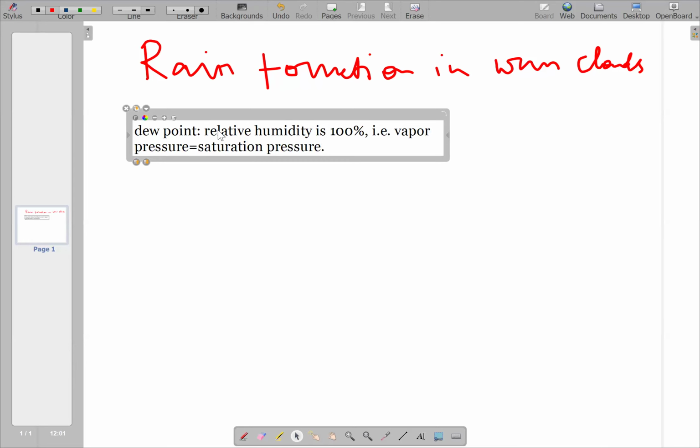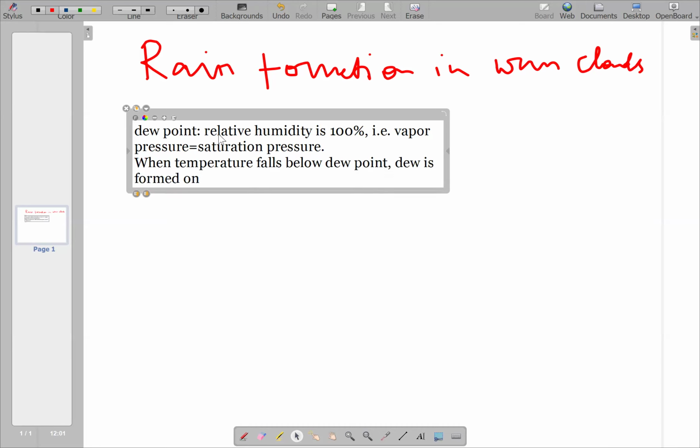Okay, so when temperature falls below the dew point, dew is formed on grass, and mist is formed.